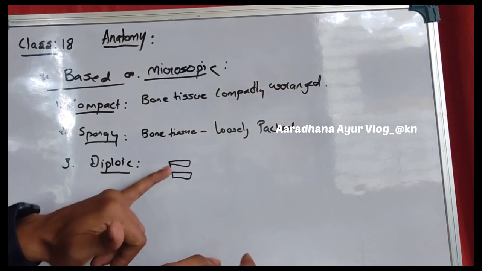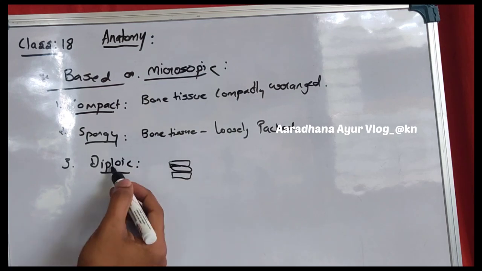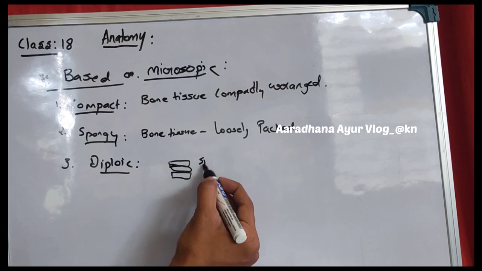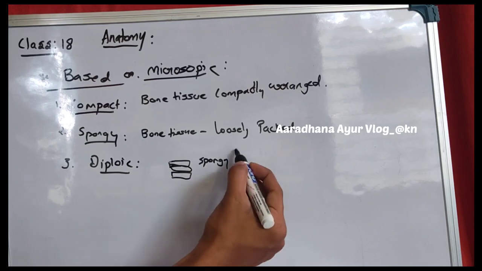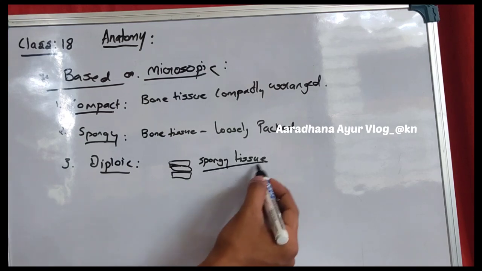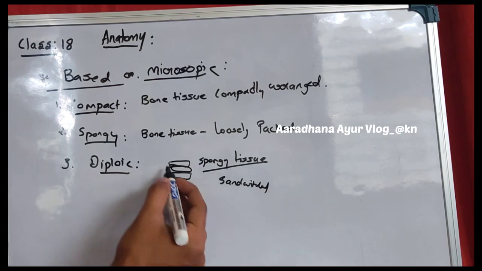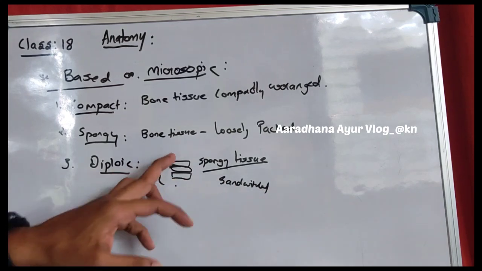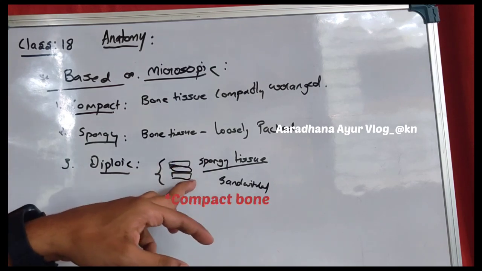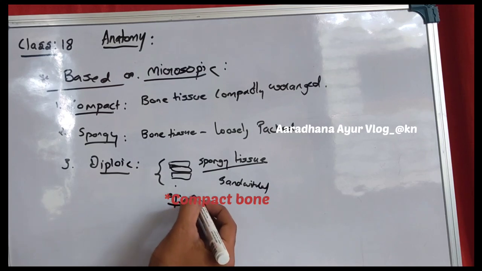So between these two compact bones there is a spongy tissue, and that is what is called the diploic type. It has been sandwiched, you know the sandwich. Between these two, this spongy tissue is there. An example you can see is the skull bone.